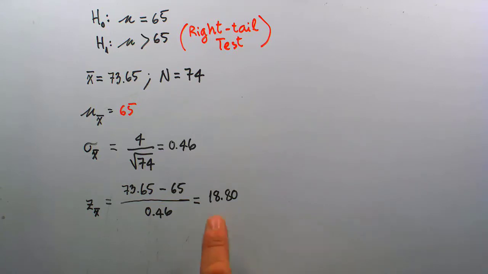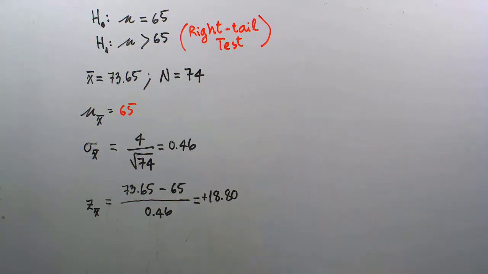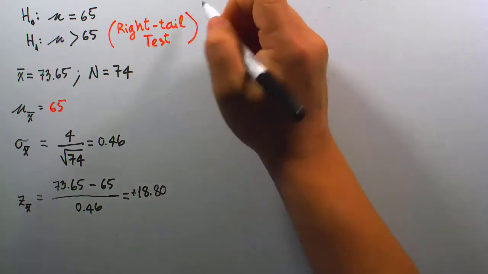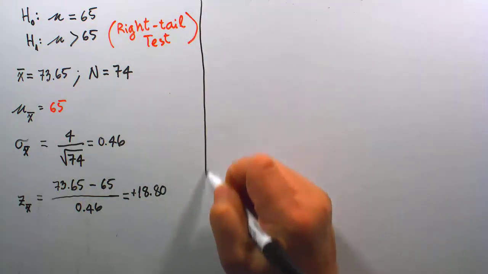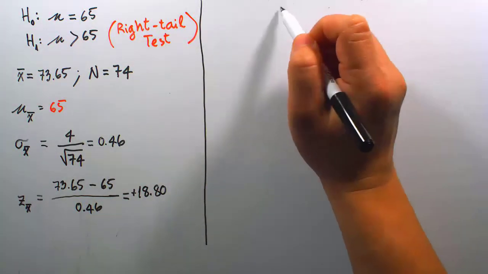Our z-score should be a positive 18.8. And now, after finding the z-score for our particular sample being a positive 18.8, the next step would be setting up a probability calculation.